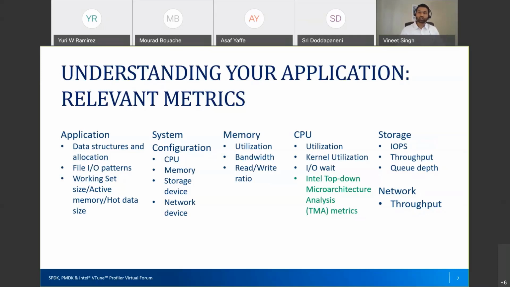Again, this is the superset of all the information that you need about your application on a DRAM-only system. And once you have this information, for particular use cases, a subset of it is utilized to find out if PMM can help you solve a particular problem.